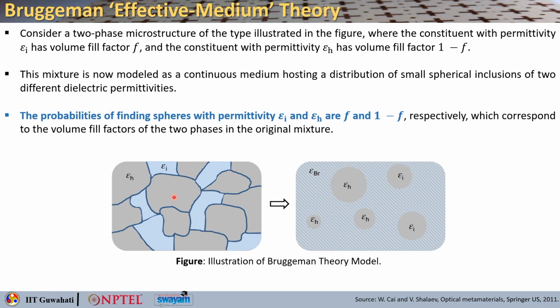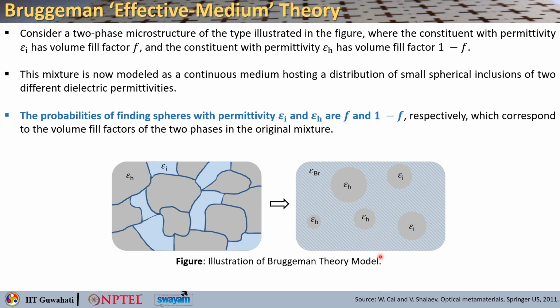So, you can now model this mixture as a continuous medium hosting a distribution of small spherical inclusions of two different types of dielectric permittivities epsilon I and epsilon h, and the probability of finding spheres with permittivity epsilon I will be f. The probability of finding spheres with permittivity epsilon h will be 1 minus f. Okay.